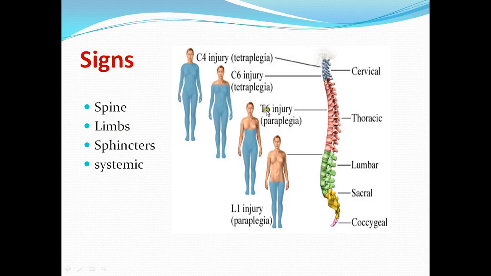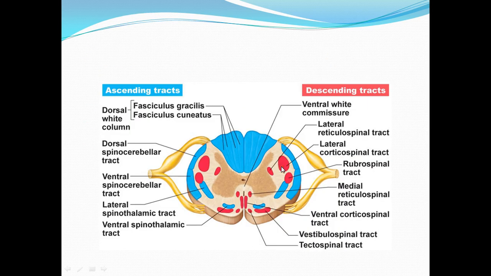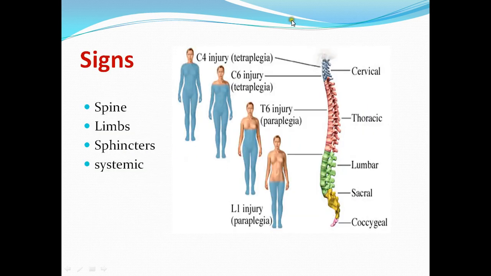If a patient has tenderness and pain in the thoracic region and weakness of the lower limbs but the upper limbs are intact, the lesion is here. If a patient has pain in the lumbar region and only sensory involvement but the motor is intact, it means the lesion is below L2.